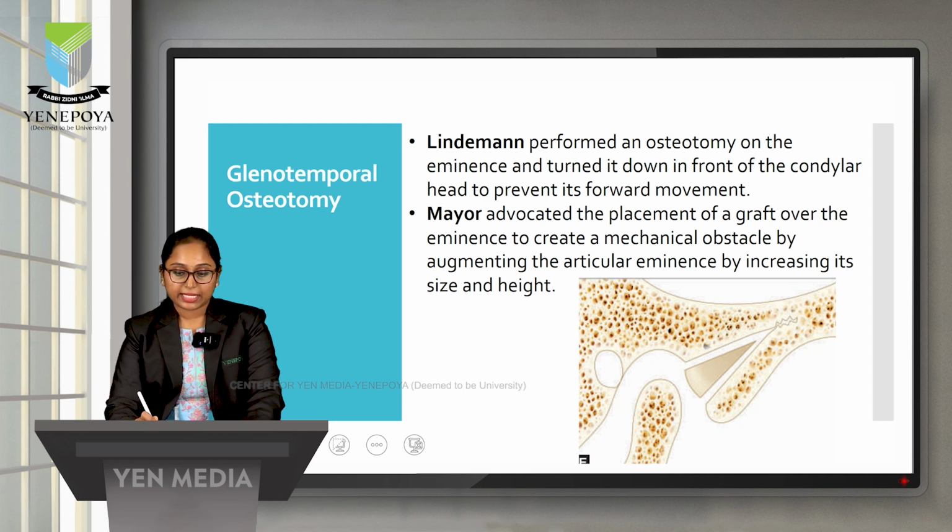So, when the height of the eminence is increased, the condyle won't be able to glide and move along the articular eminence. This will prevent the dislocation. And Mayer, in addition to what Lindemann suggested, placed a graft in the osteotomized area that will further help to increase the size and the height, which in turn will limit the condylar movement.